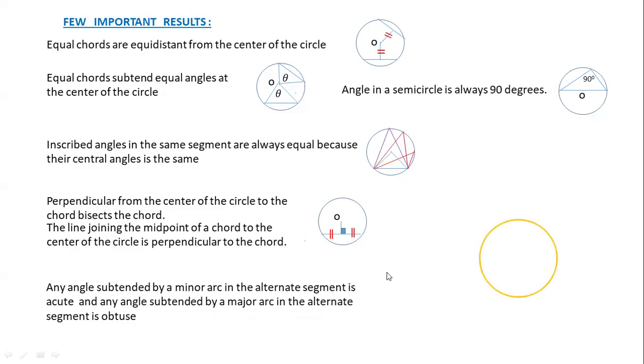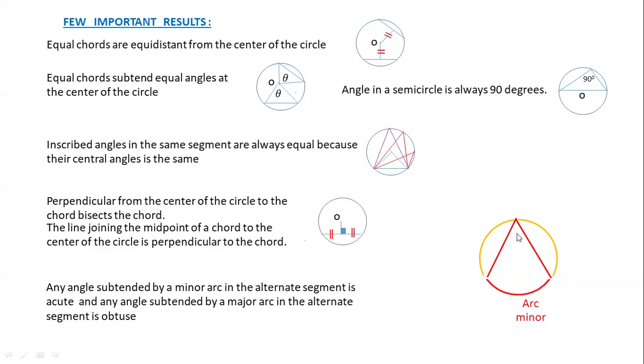This is your circle. This is your minor arc. If this is a minor arc, this will be the alternate segment. And from these endpoints, if you make an inscribed angle, this is a minor arc, you draw an inscribed angle.